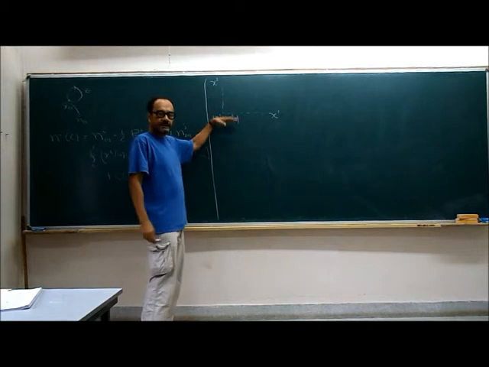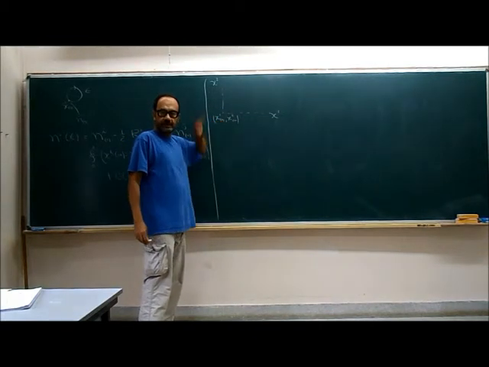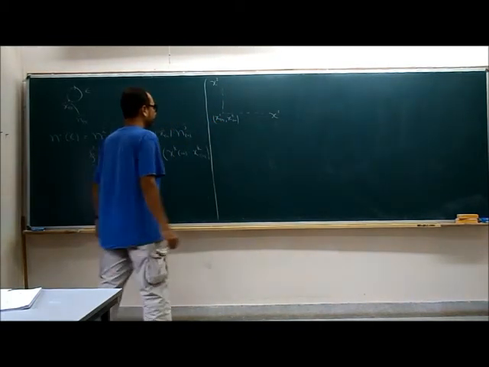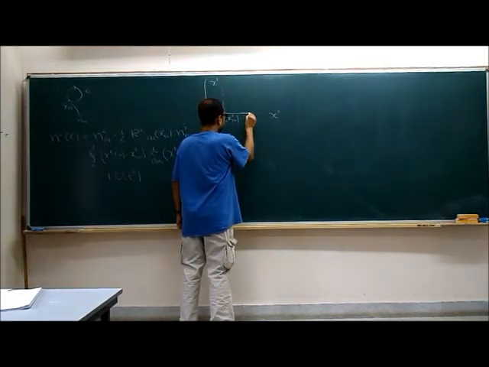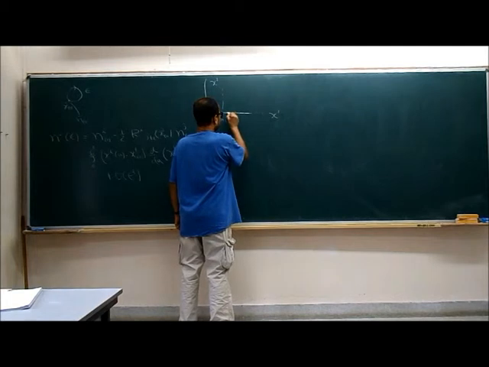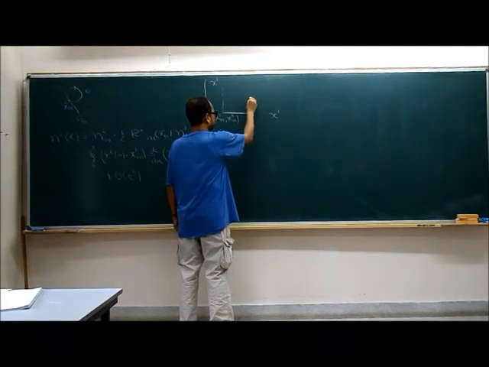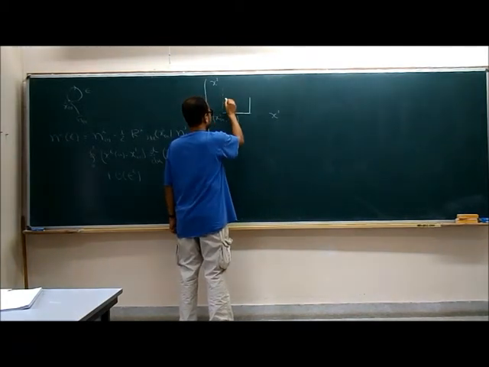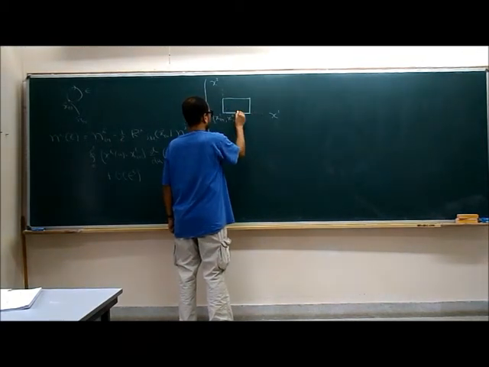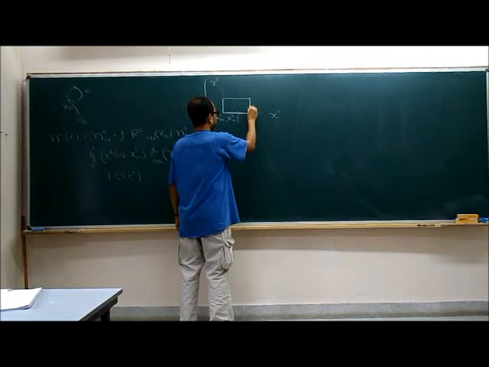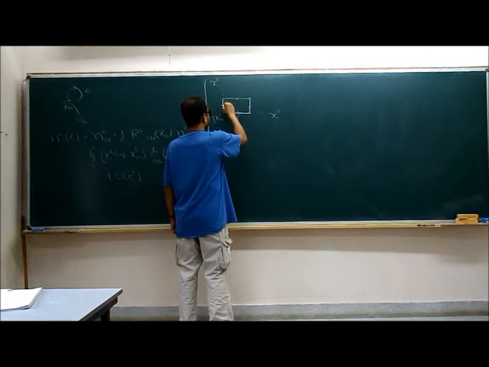The other coordinates are not being displayed here, but of course there are all other coordinates which have to be taken into account. And we consider a rectangle which goes along the x1 axis, then goes vertically up along the x2 axis, then goes back and comes down. So this is the curve that will be considered.